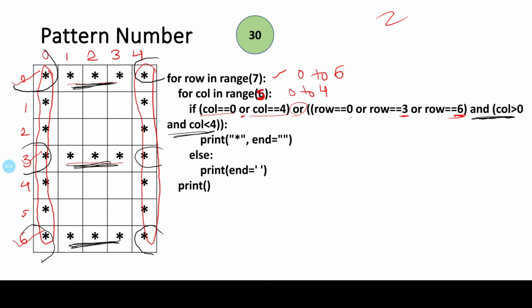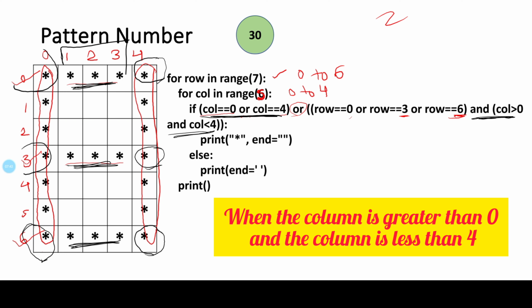Now talking about the ones which I have pointed out, we have already drawn them in the condition when column is equal to 0 and 4. So what we are taking care of by this AND is that we want stars in the rows but we don't want the stars when the column is equal to 0 or 4. So here we have mentioned that we want stars only when the column ranges from 1, 2 and 3. So that is this AND condition.